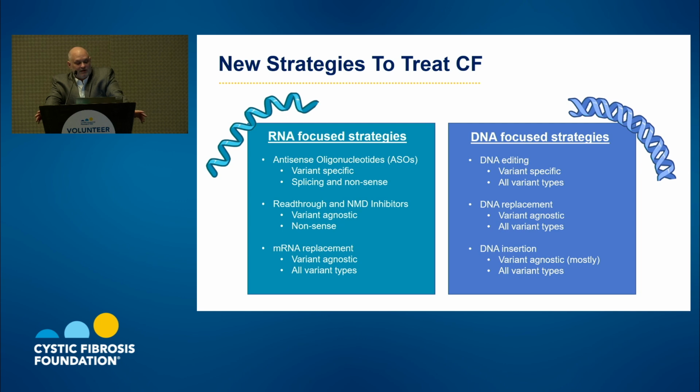And really, there's a big list of things in here. There's RNA and DNA-focused therapies. And one of the biggest things that I think was highlighted in the session by both Steve and Kara this morning was the fact that RNA therapies are transient therapies. We can deliver the RNA. We know the RNA is capable of producing protein, but the RNA turns over in the cell.